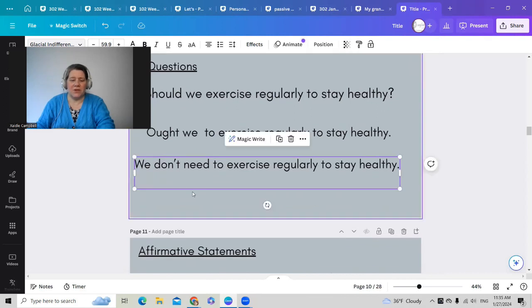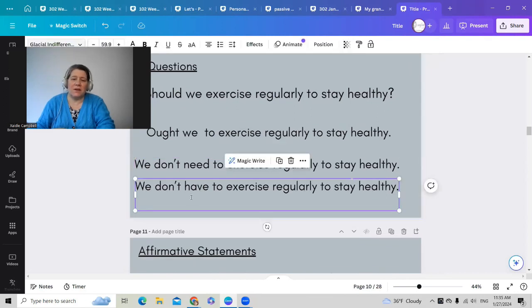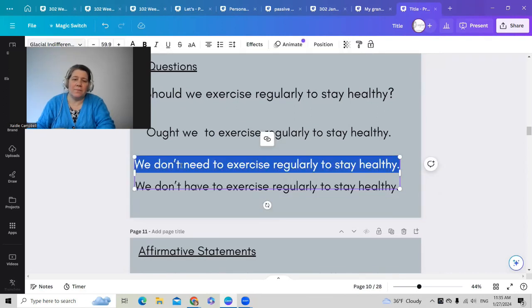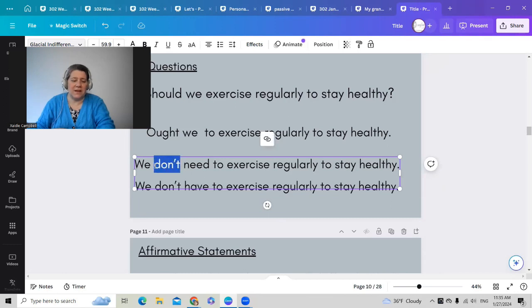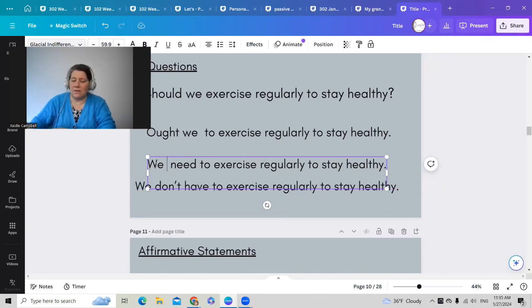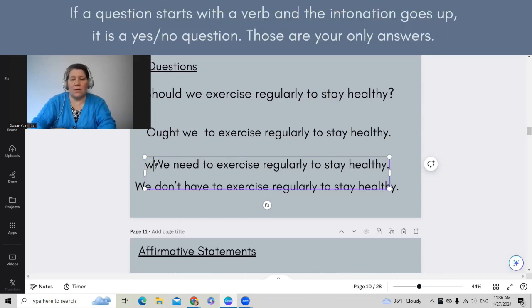And we're going to turn these both into, so this would be, do we need to exercise regularly to stay healthy?